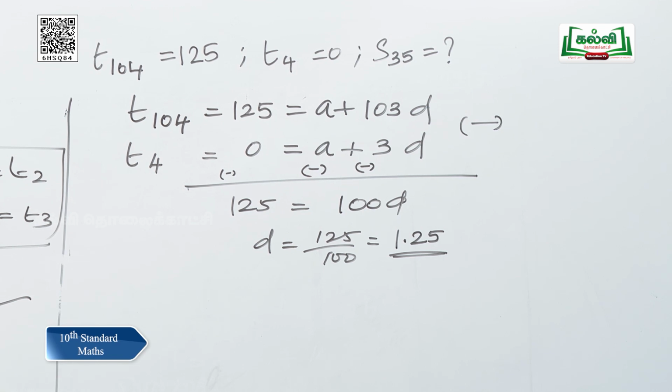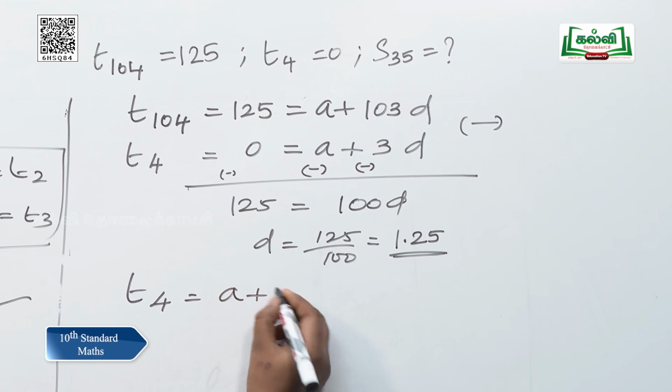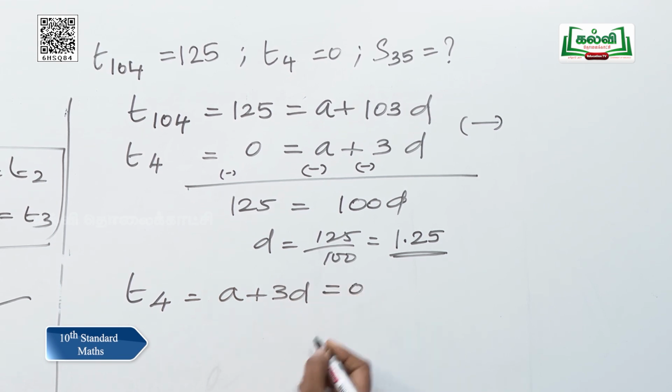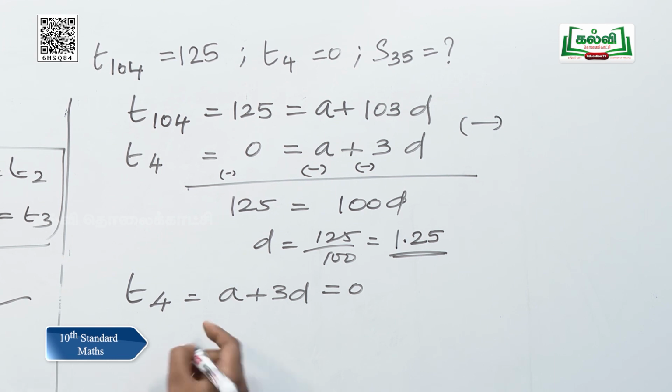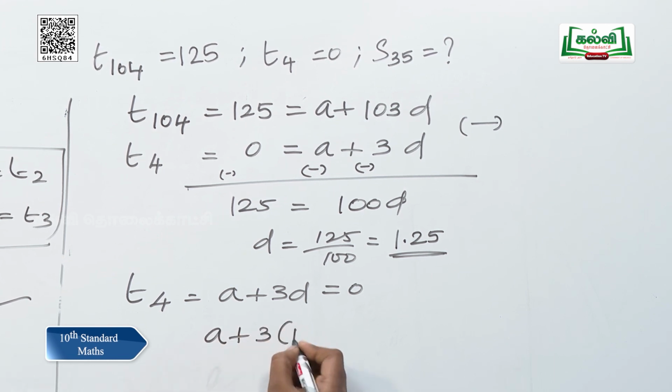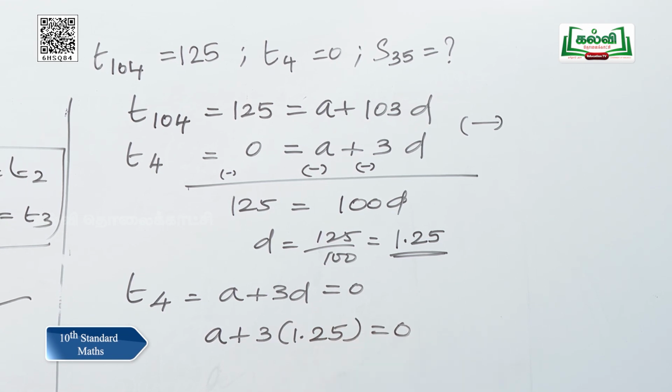So having D in mind, you are going to find A. Where shall we find A? Yes, it is there in T4 and T104. Which is easier? Taking T4 is easier. So T4 is A plus 3D, which is given as 0. We are going to substitute D and find A. So A plus 3 into 1.25 is equal to 0.